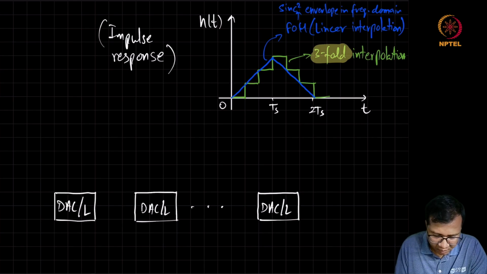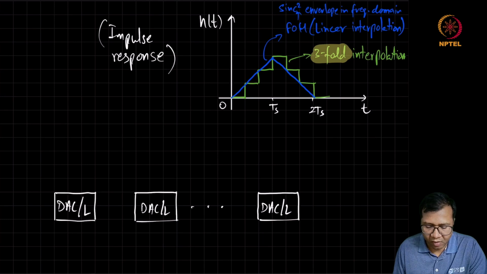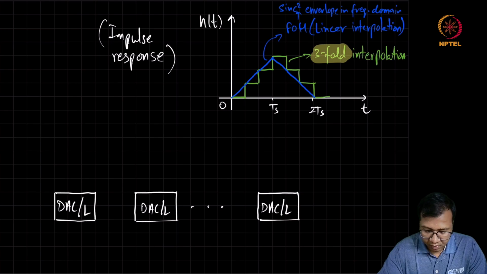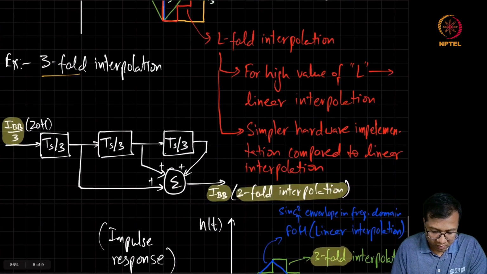The idea is that in the current domain, we can always just add the outputs by just connecting the output nodes together. So by splitting the DACs into 1/L of its strength and connecting their outputs, we can achieve this summation in the current domain.